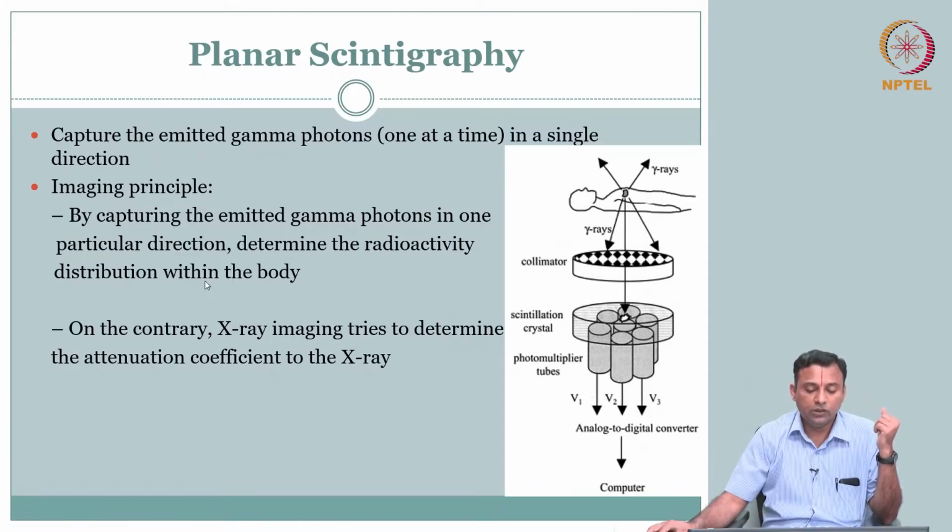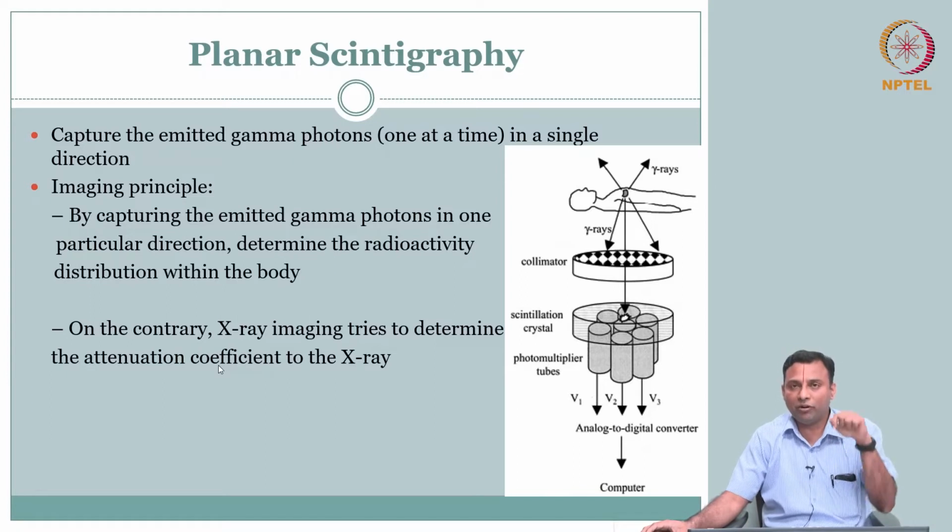Even though we will draw similarities, don't forget that in X-ray we were trying to estimate the attenuation coefficient mu, how mu is distributed. Mu hat of x comma y was your reconstructed image, whereas here we are talking about how much activity comes from where, over time. That is the key.